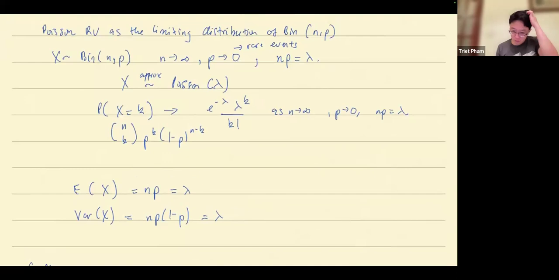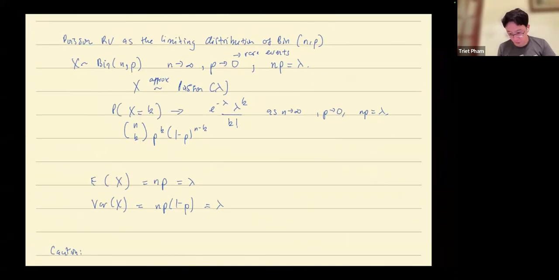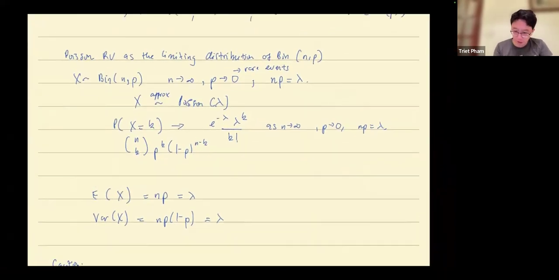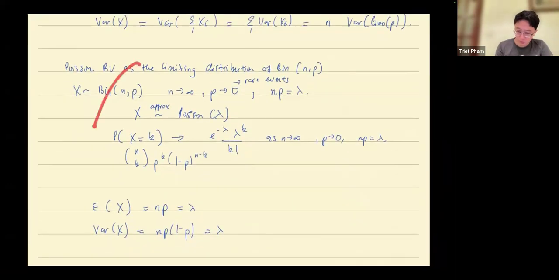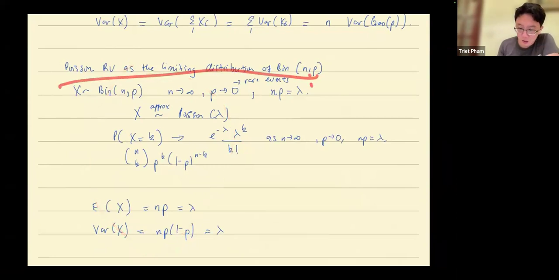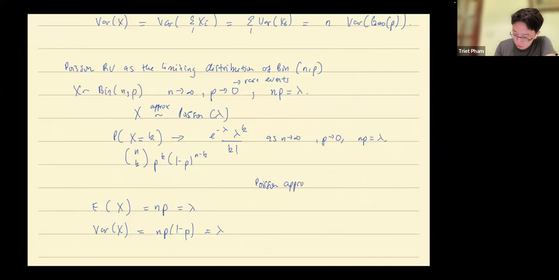You might have heard of something called the Poisson approximation of the binomial. That's what you would call what I was telling you about here.